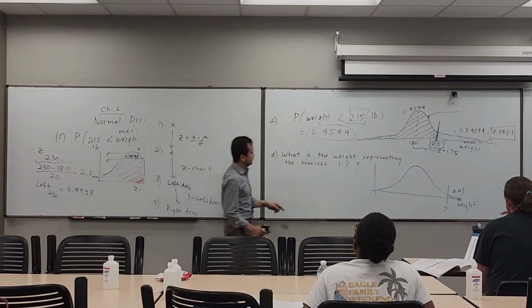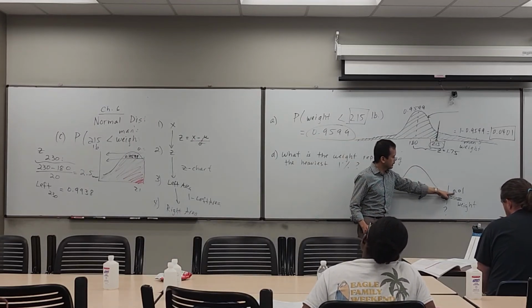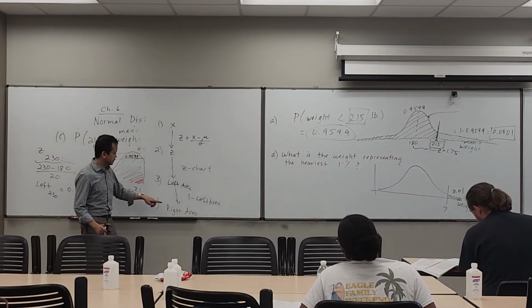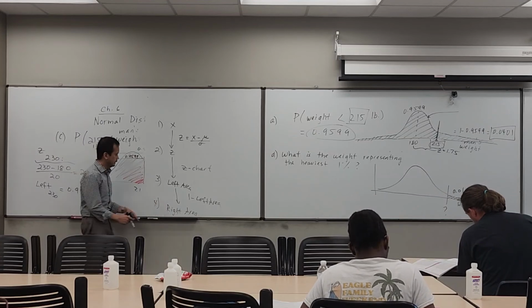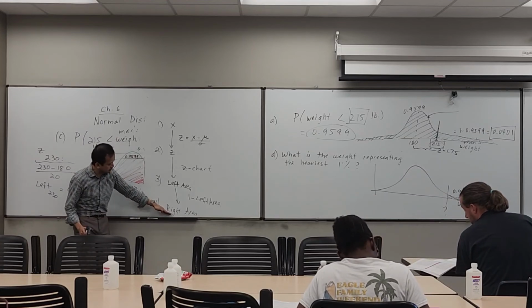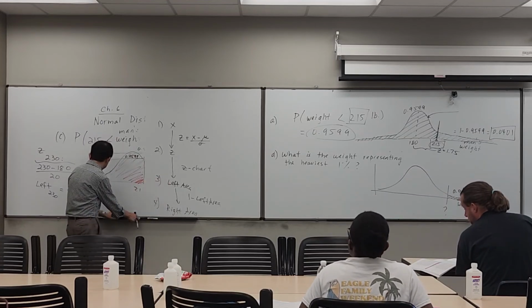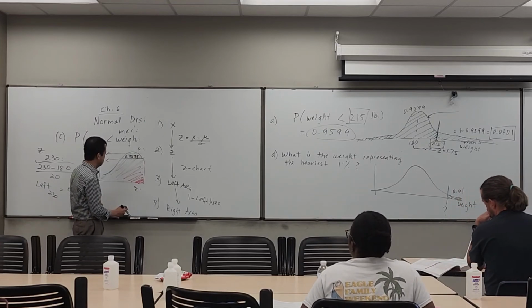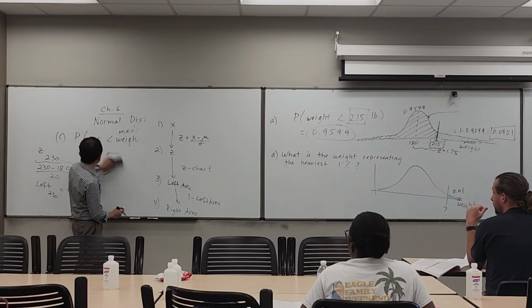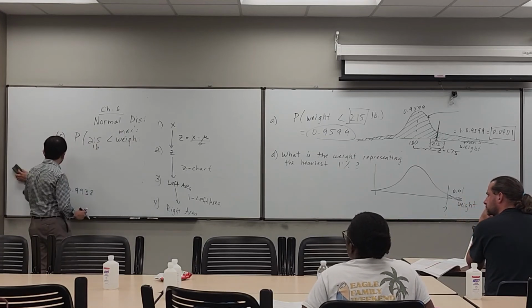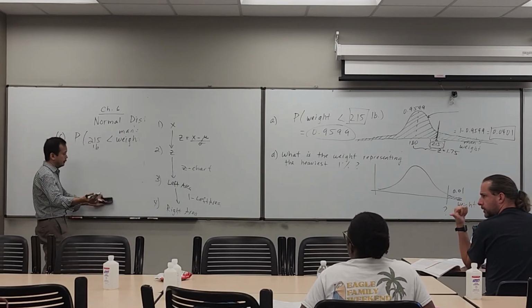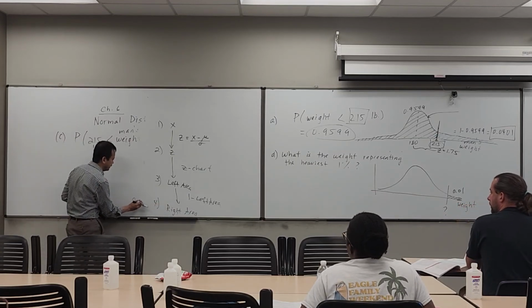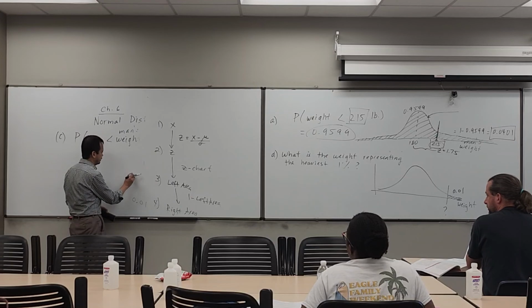But in this case, we're given a right area of 0.01, and we need to find the corresponding value. So we're starting here, 0.01, as a right area. What would be the corresponding left area? Yeah, 0.99. So if the right area is 0.01, the left area is 1 minus that, which is 0.99.